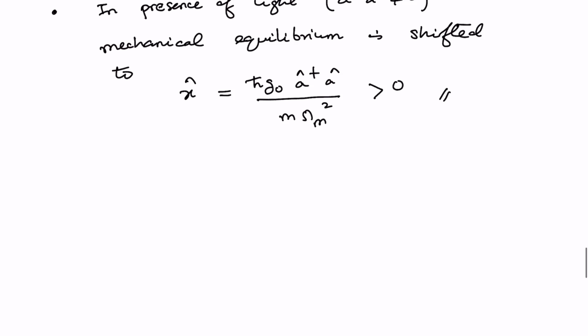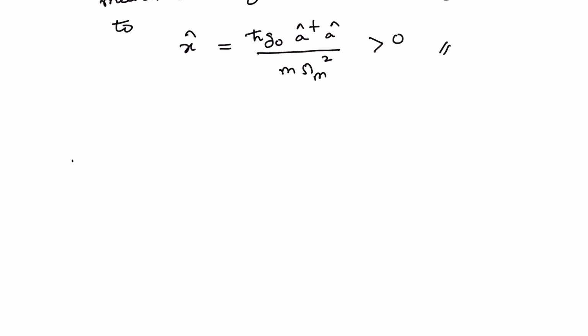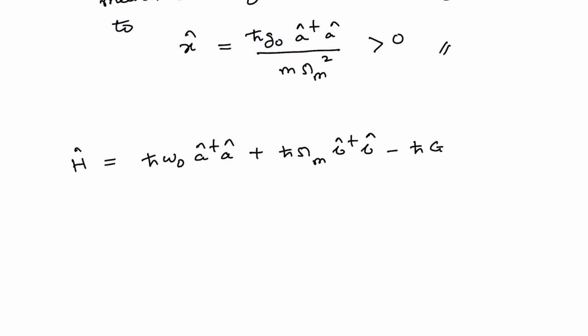Now going back to our usual form of the Hamiltonian, H = ħω₀ a†a + ħΩ_m b†b − ħZ a†a (b + b†).